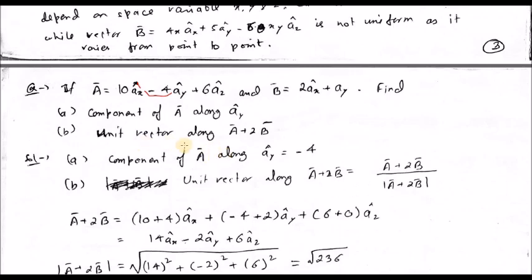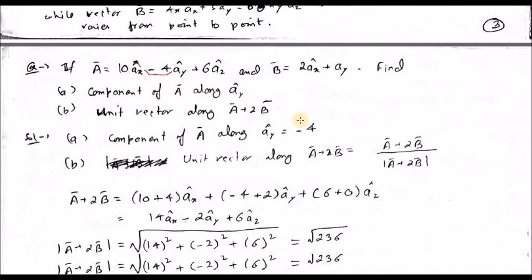Now you have to find the unit vector along A plus 2B. Unit vector is the vector divided by its magnitude. So first find A plus 2B.